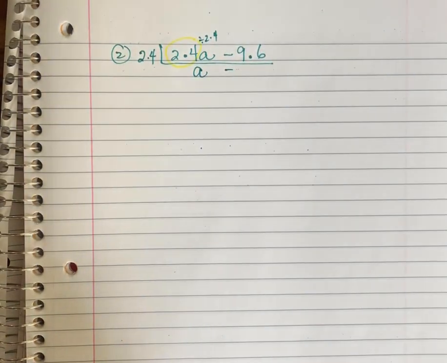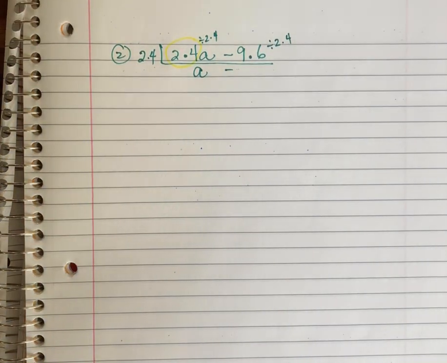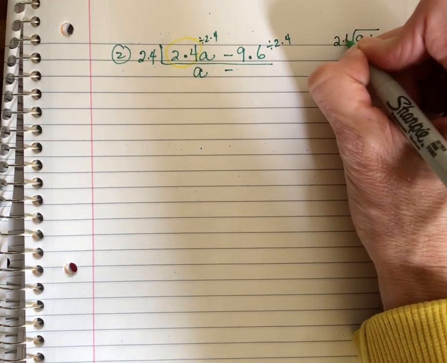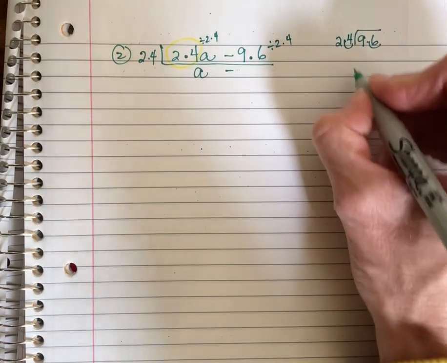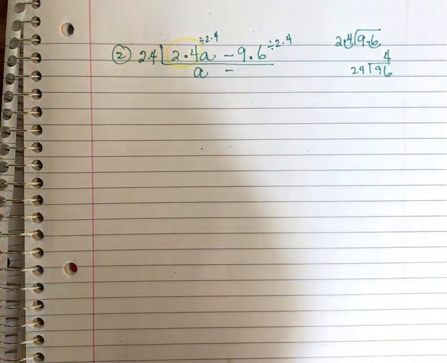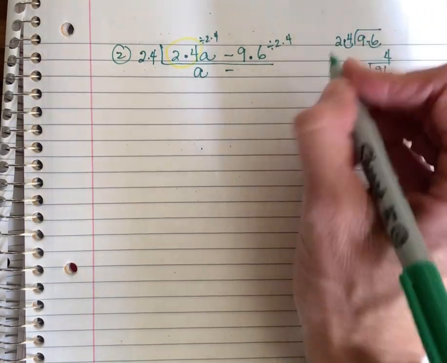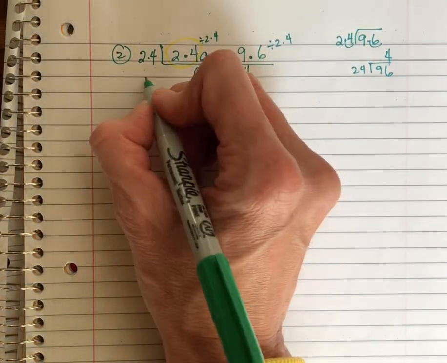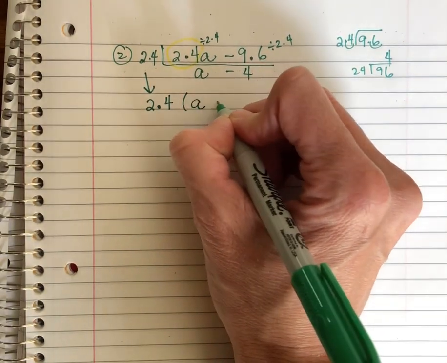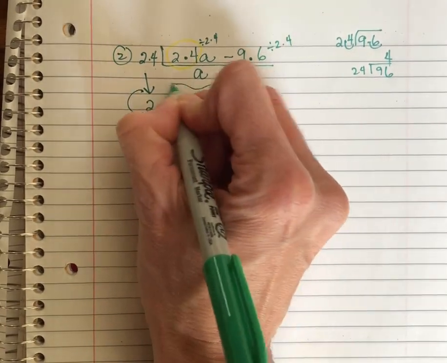Drop down your subtraction symbol. Then we have to factor out a 2.4 from the second term. Well, you may have to work this out. 9.6 divided by 2.4, hop and hop. 24 into 96. Yay, it goes in evenly 4 times. So when I take 9.6 and I factor out, divide the 2.4, I get 4. We're gonna express it as a product. 2.4 is our first factor. A minus 4 is our second.